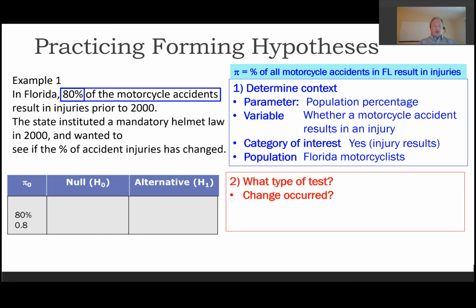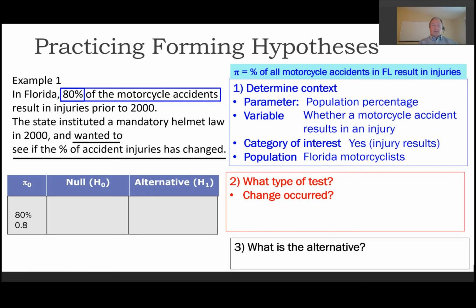So what is the alternative? We know that this is the percentage under the null hypothesis, right? And so the null is always going to be written as pi equal to 80%. But now we have to look for the alternative.